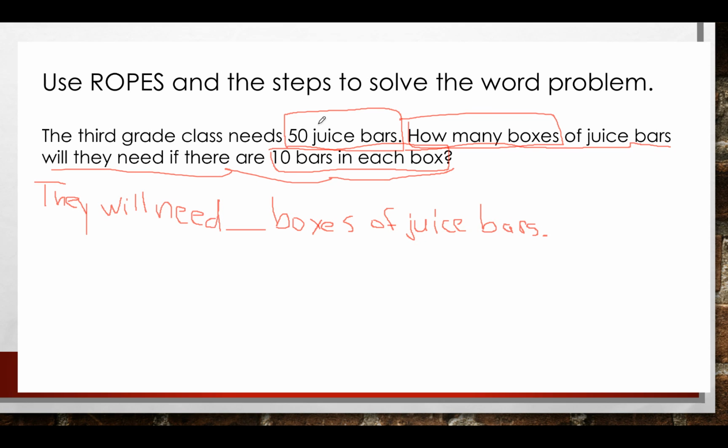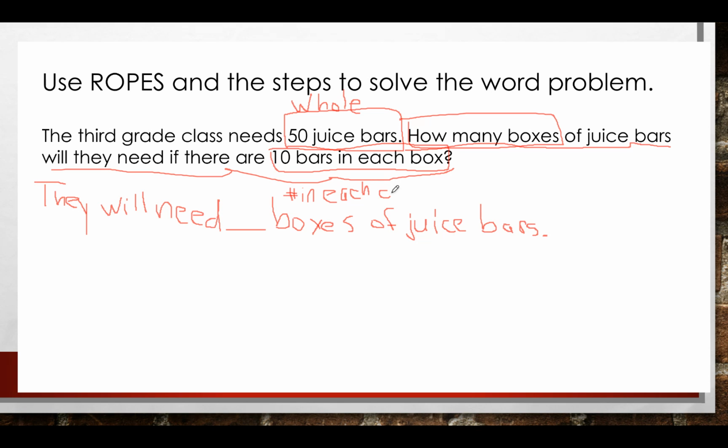Well, if the class needs 50 juice bars, that 50 will be the whole amount. So that's the total, the whole amount or the total. The 10 bars, that's the number that's in each group. Because it's already telling you how many is in each box. So the 10 bars is the number in each group.